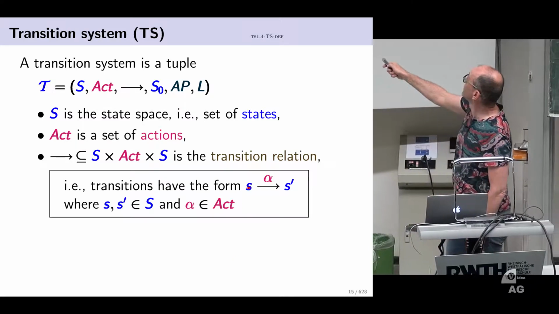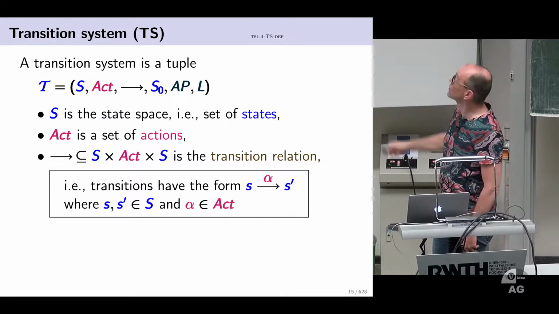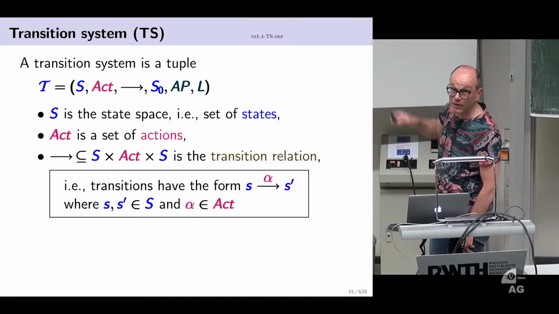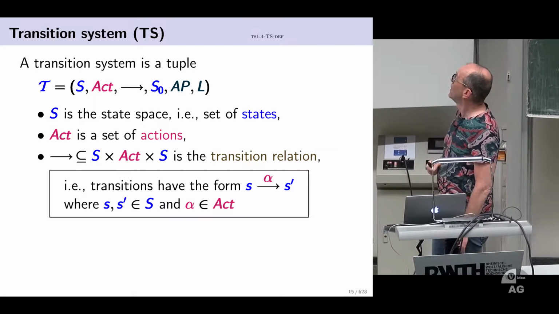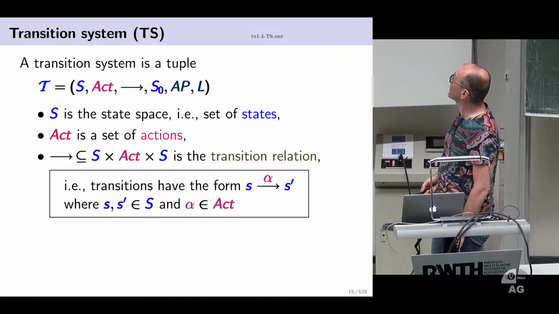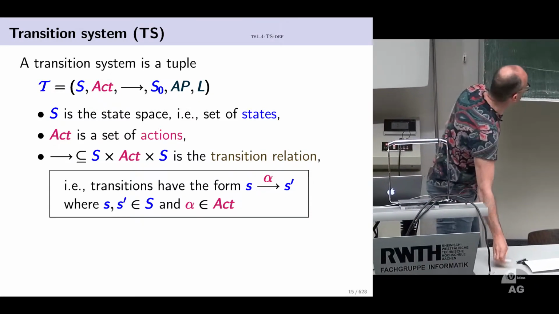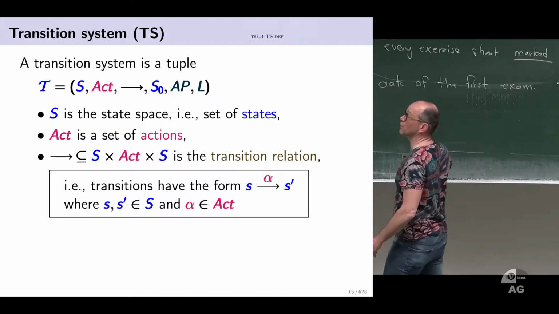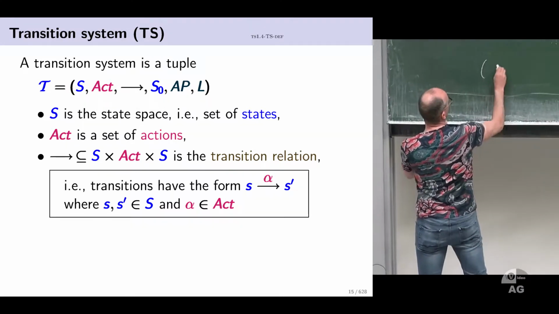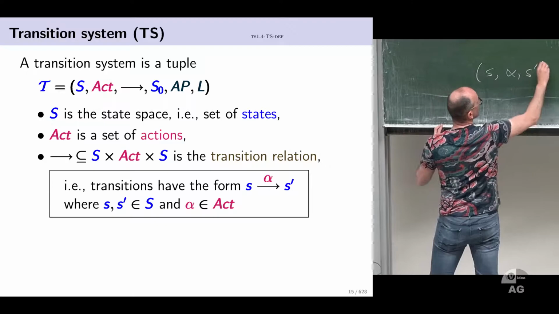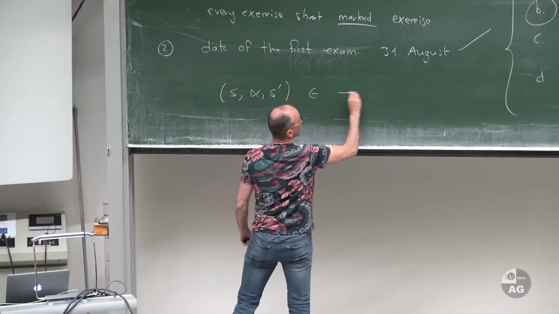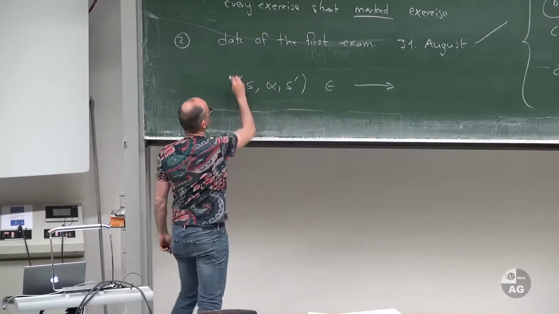We are currently in state small s, a member of capital S. And then the relation says s α s'. This is already a shorthand, because you may ask where the triples are. The triples are as follows: (s, α, s') is a member of this transition relation.